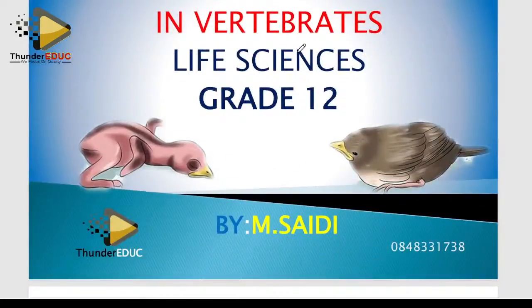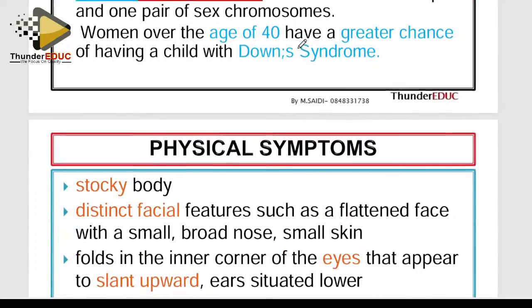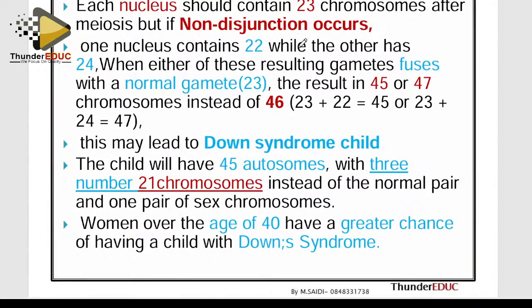Even when we are talking about it here, check. They say 3 for chromosome 21. And even here, they don't say 3. They say 23 plus 22 gives you 45, or 23 plus 24 gives you 47. They don't say 3, they don't say 2.